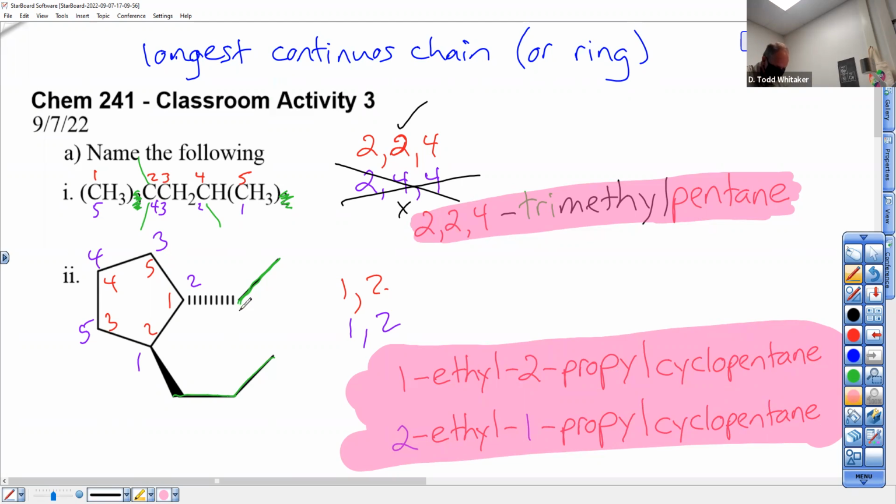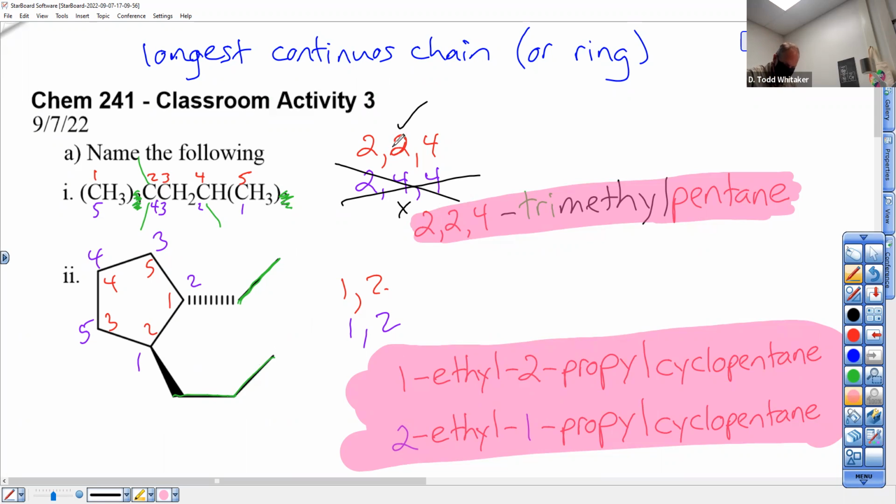Given a choice of 2 numbering systems that give identical numbering, you have to use the system that puts the first group that's bigger on the lower number. More massive is the actual distinction. So the periodic table says this thing with 3 carbons and 7 hydrogens is more massive than 2 carbons and 5 hydrogens. I'm not going to grade that. I'm going to take either answer here.